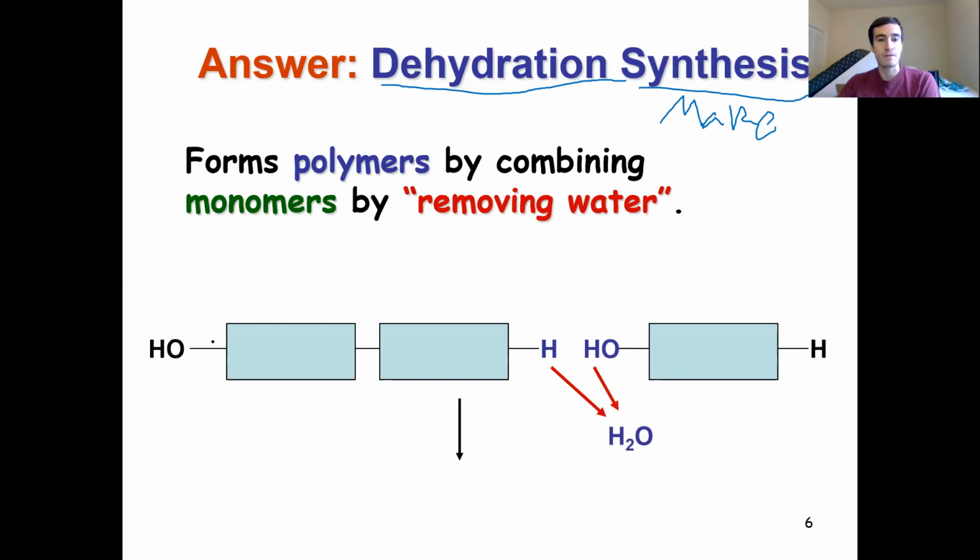So if we have these H and OH groups on the ends of our monomers, our individual little pieces, then when we want to stick these monomers together, we can pull away this H and this OH. We have 2 H's and 1 O. And as you might know from other science classes, H2O is the scientific formula for water.